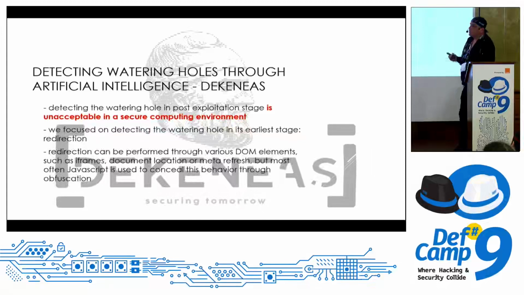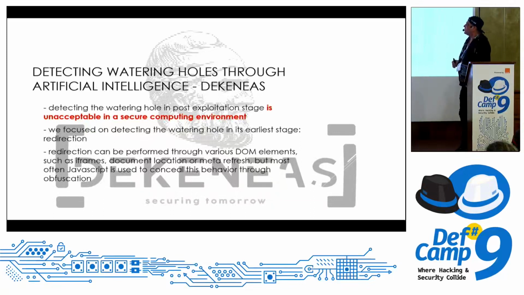So we decided to come up with a new approach, and that is detecting watering holes through artificial intelligence. Because detecting the watering hole in the post-exploitation stage is unacceptable in a secure computing environment.